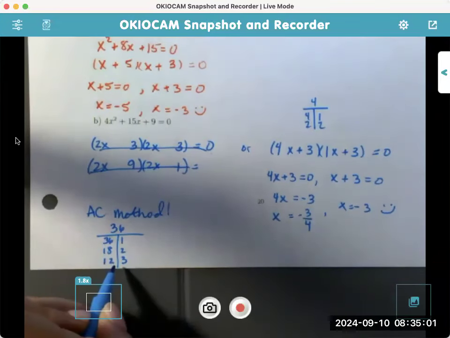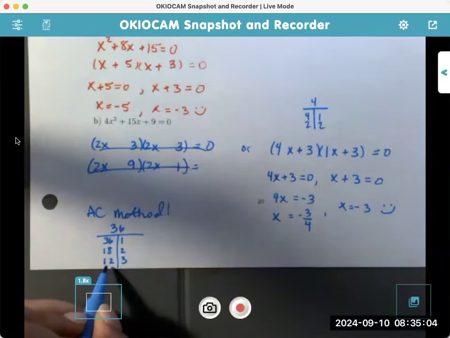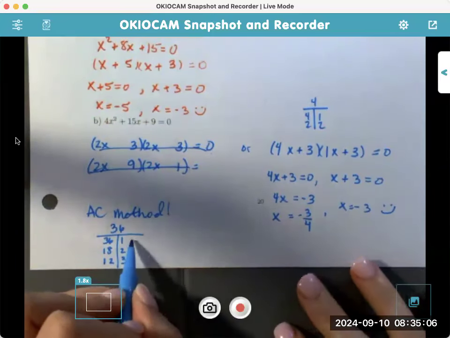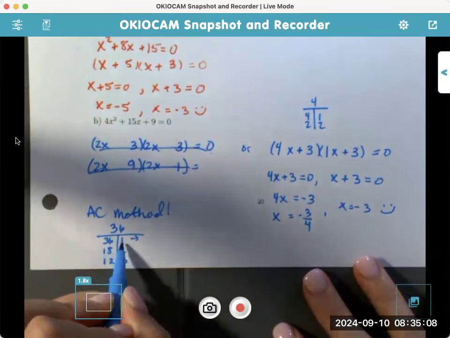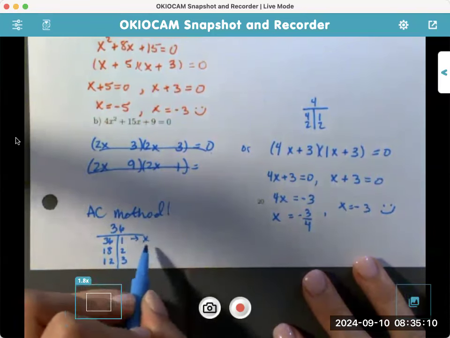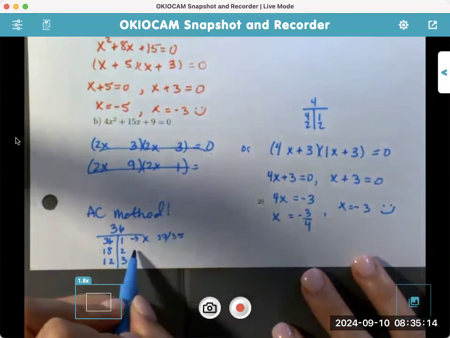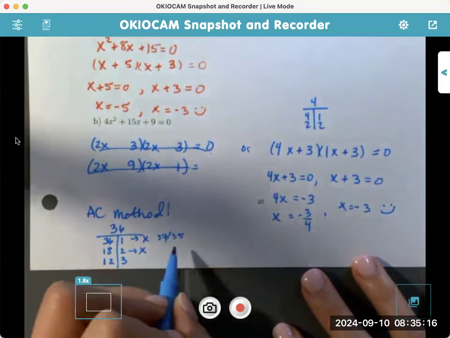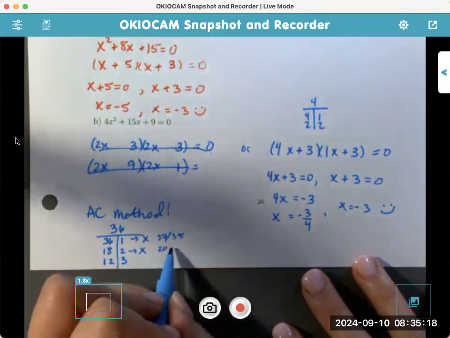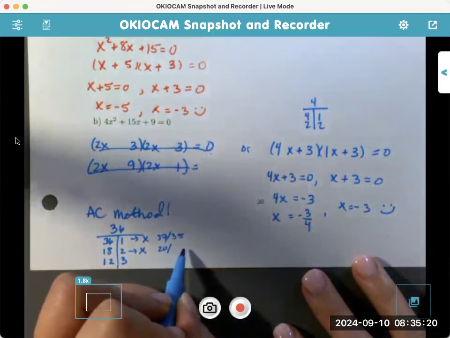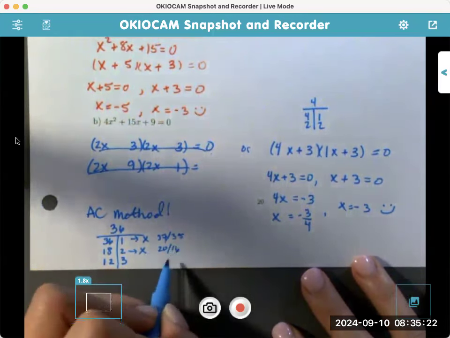So then we would notice that we have 12 and 3. So here for the AC method, you say, okay, well, 36 plus or minus 1 is not going to work because that's either 37 or 35. 18 and 2 is not going to work, again, because that's either 20 or 16.